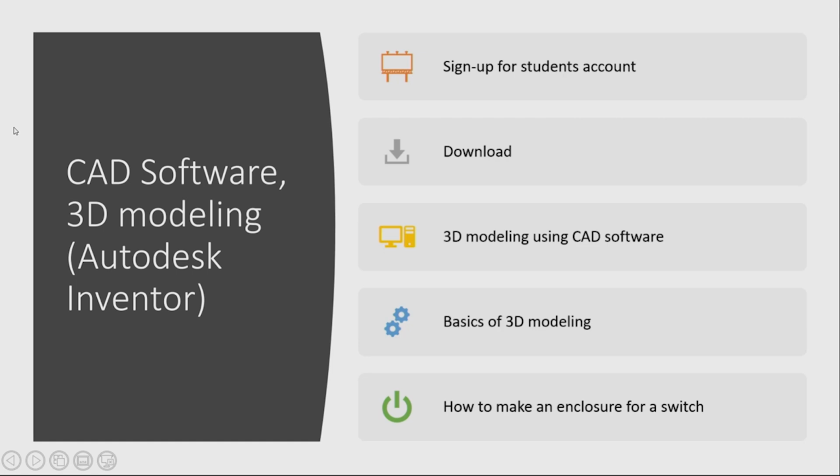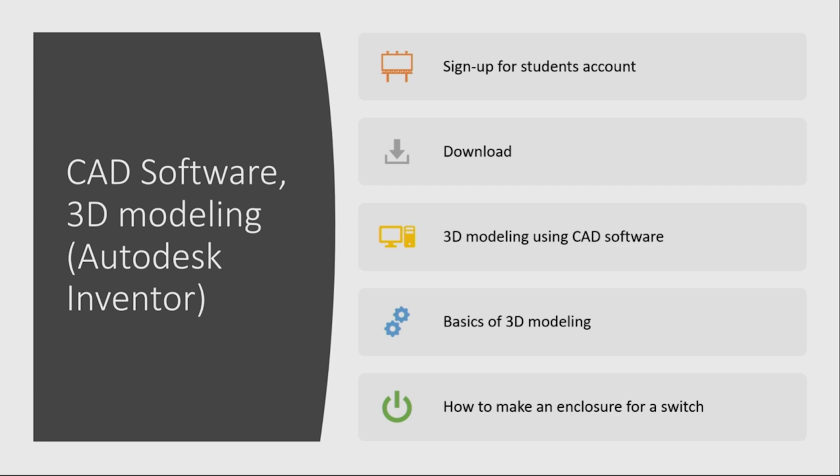So in CAD software 3D model, I will be using Autodesk Inventor software. In Autodesk Inventor software, a student can sign up and get a free license for using the software for 3 years. For that you need an email address, and after signing up you have to download that and install it.